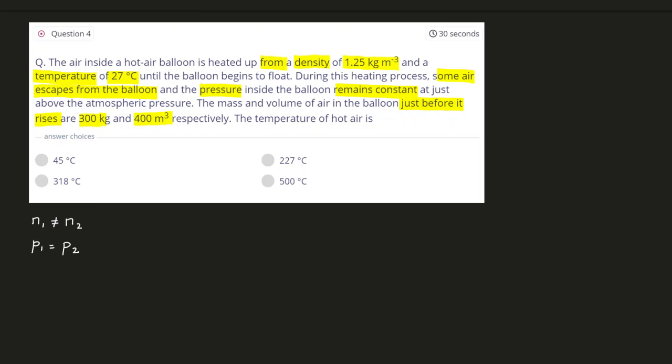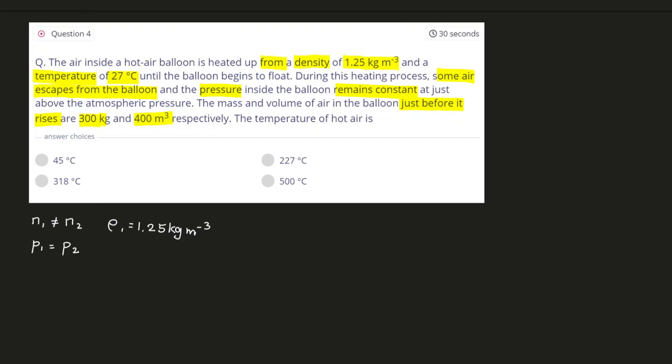So let's just list down everything that we know. The number of moles will not be the same because air escapes from the balloon. And we know the pressure remains constant, so P1 equals P2. Let's write down everything. Before that, our initial density, rho 1, is equal to 1.25 kg per meter cube.